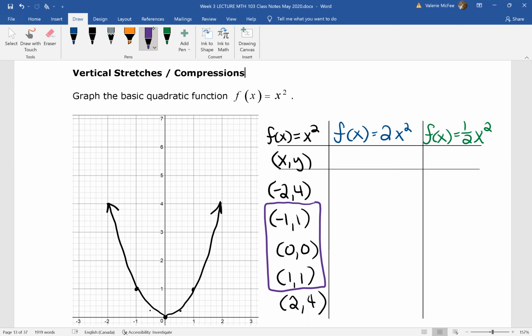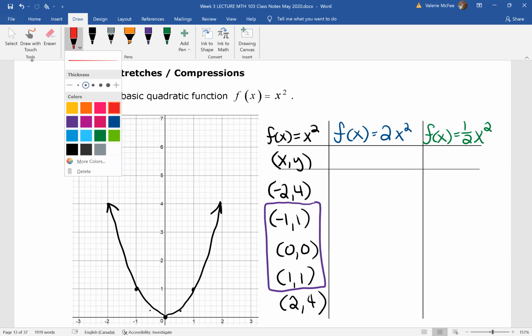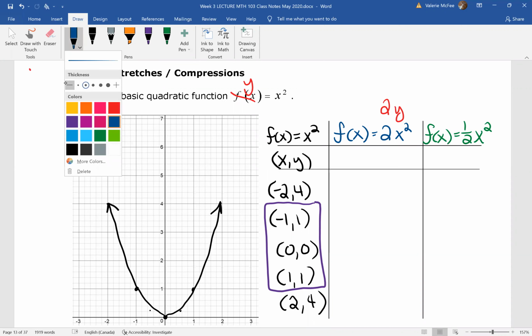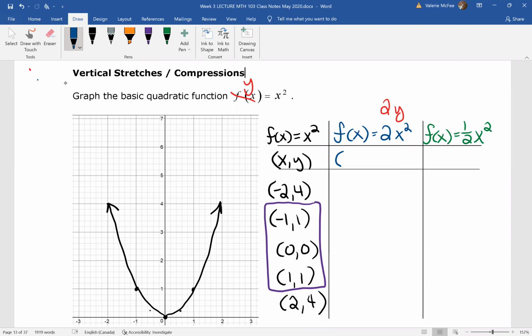Remember what we said at the beginning of week 2, I reminded you that f of x represents y. So we're saying that y equals x squared. So that means here in my next function, I have 2 times y. X is staying the same, and we're multiplying our y coordinates by 2.